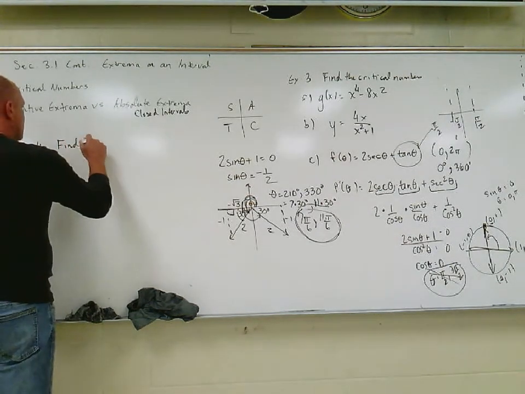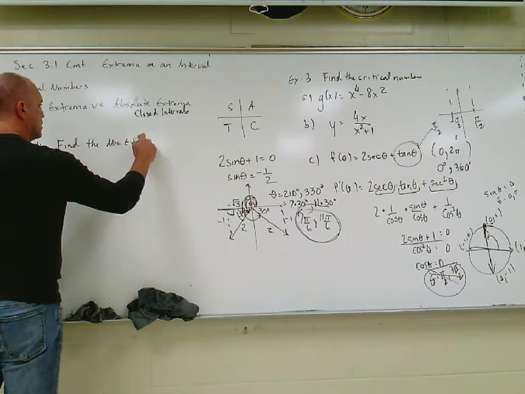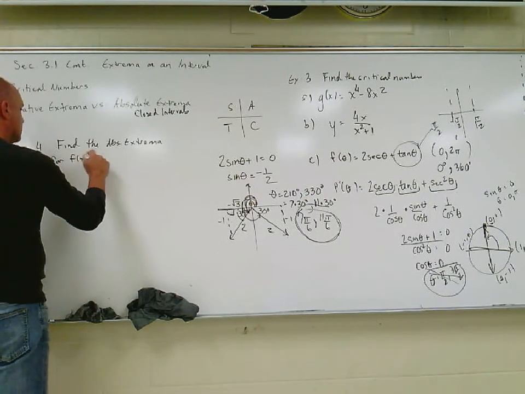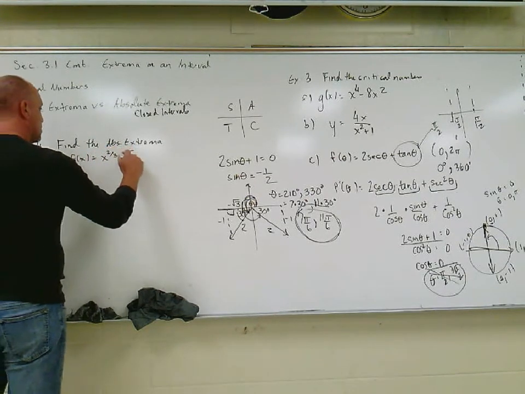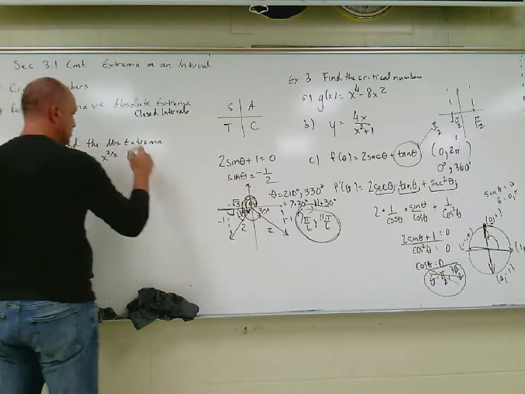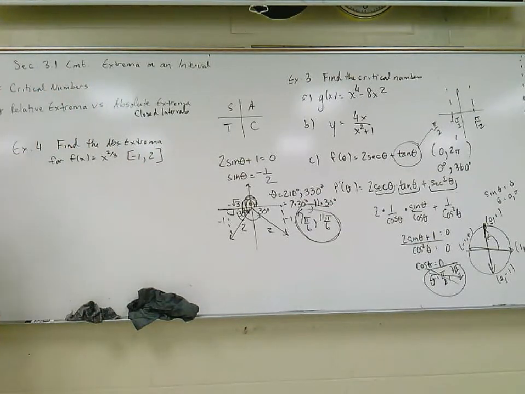Find the absolute extrema for f of x equals x to the 2/3 on -1 to 2. Okay? All right. So this is what we did Friday.